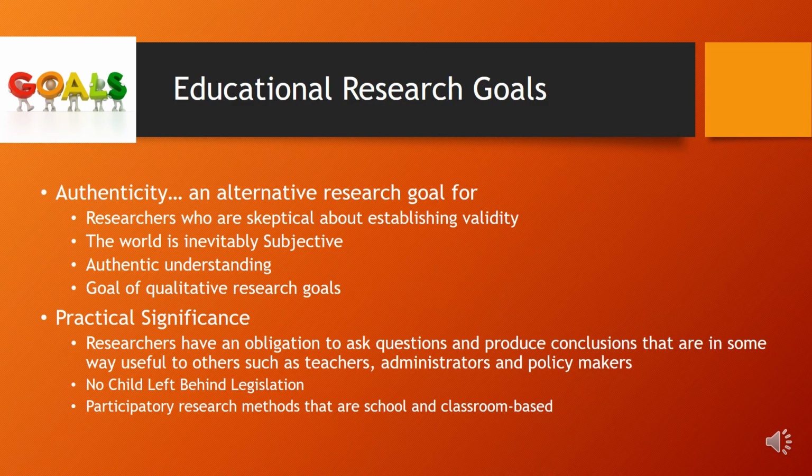Researchers have an obligation to ask questions and produce conclusions that are in some way useful to others, such as teachers, administrators, and policymakers. Two developments which have raised awareness of practical significance as a goal in research include the No Child Left Behind legislation and participatory research methods that are school and classroom based.